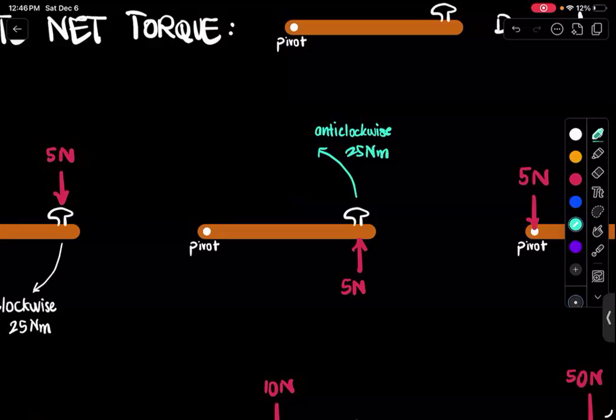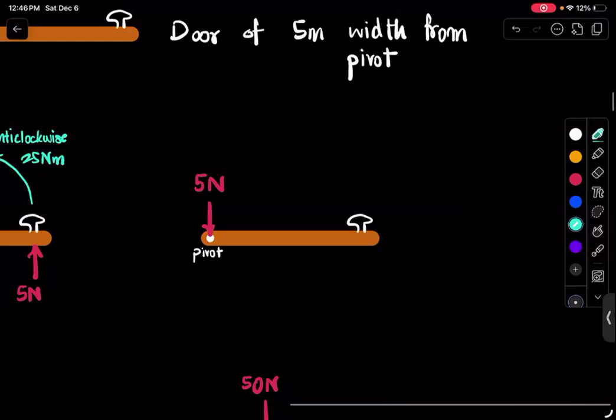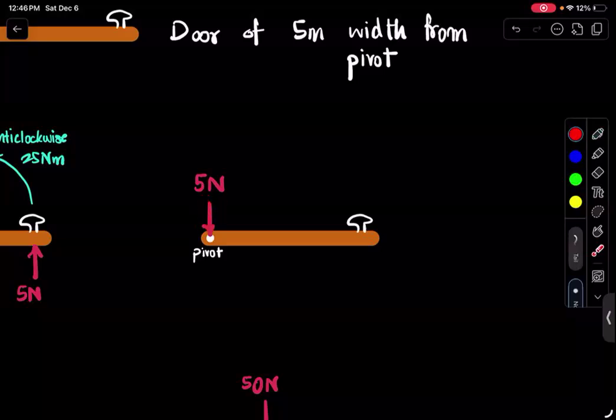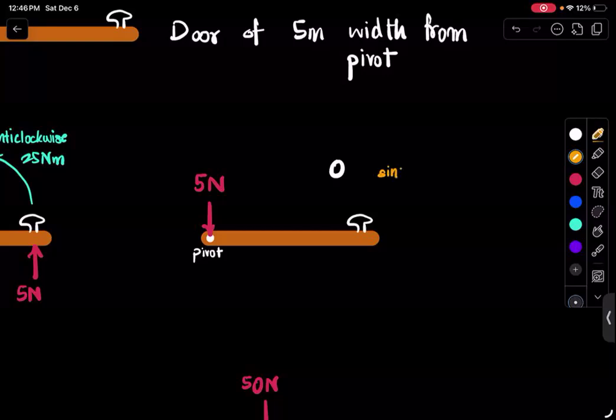Okay. What about this example? Yes, Abhiya. What would be the torque due to this force? Is it just going to be 0? Zero. Why zero though? Because it's on the pivot.